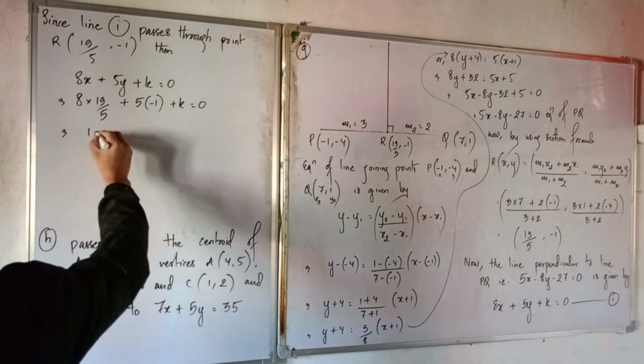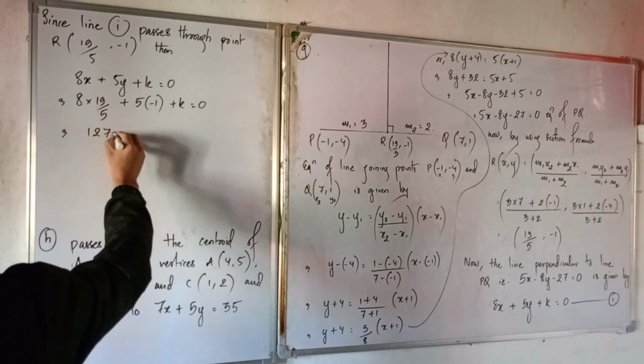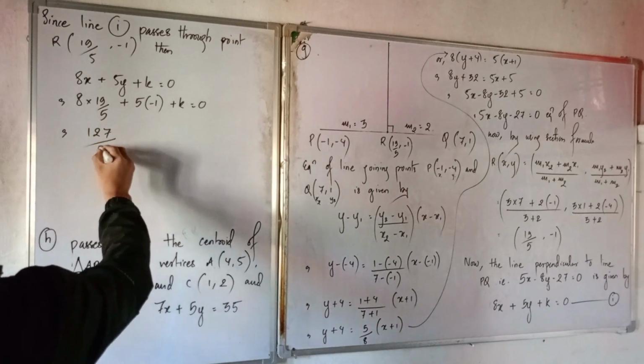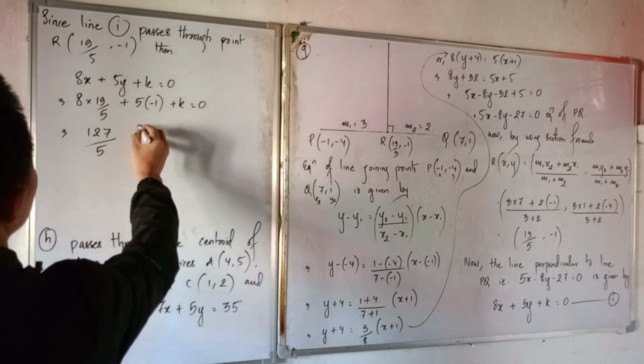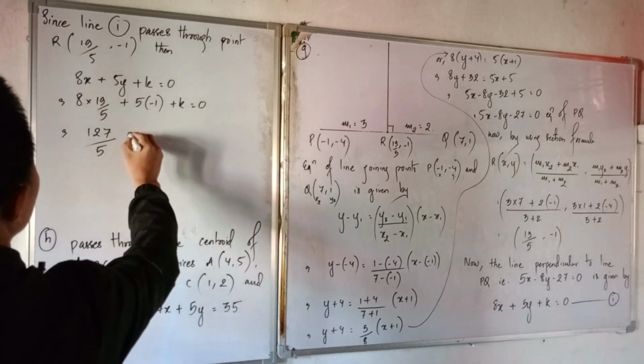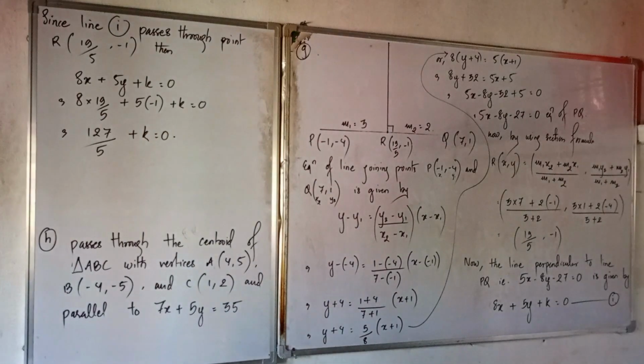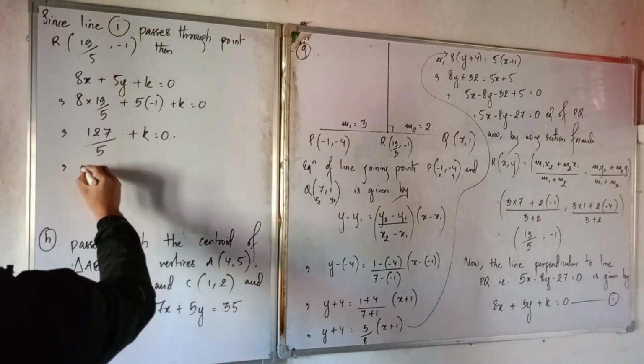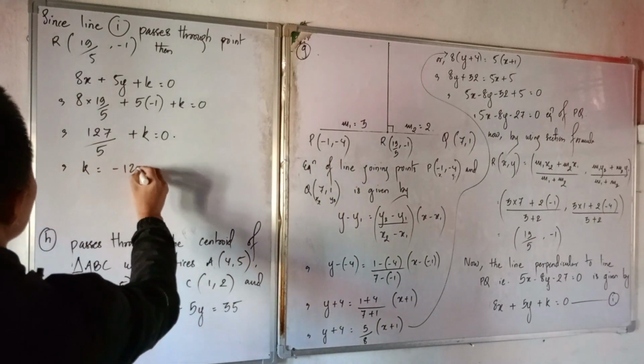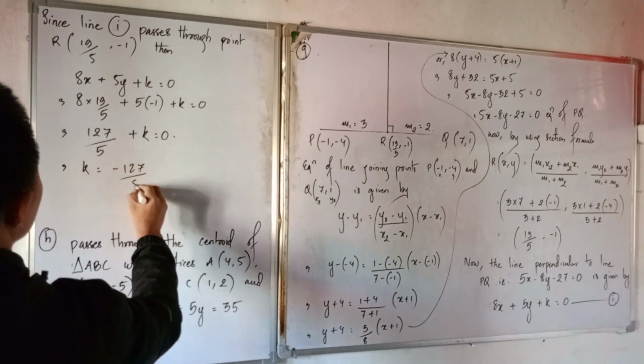Yes, 127 by 5 plus k equals to 0, or k equals to minus 127 divided by 5.